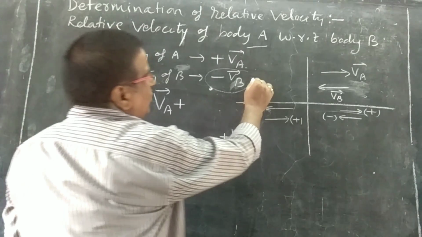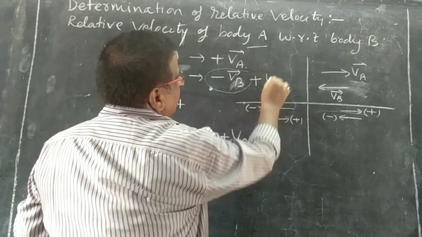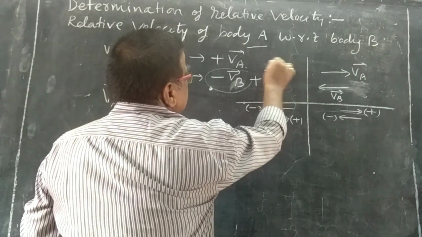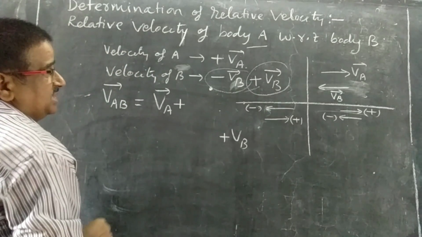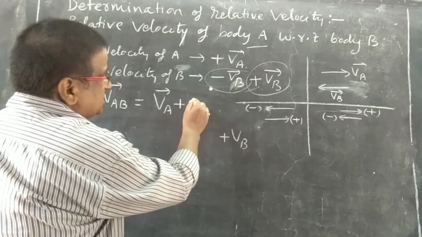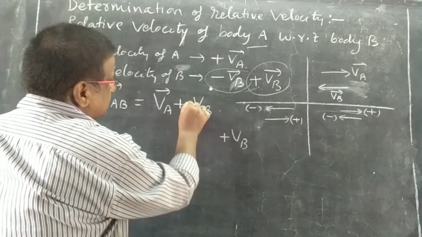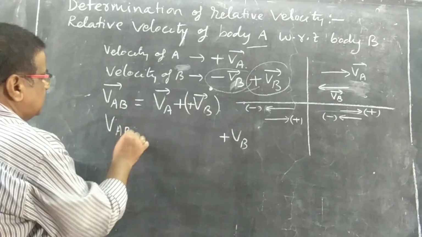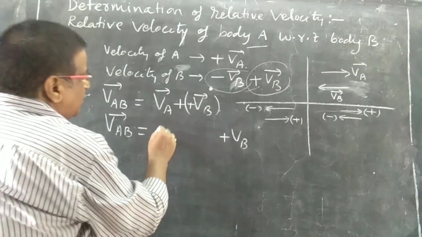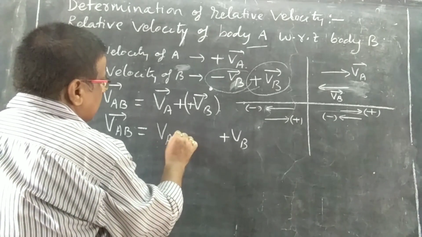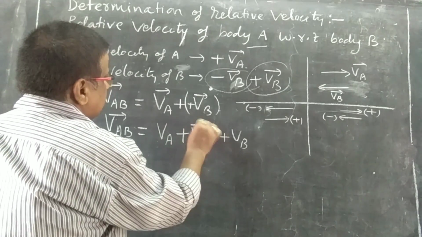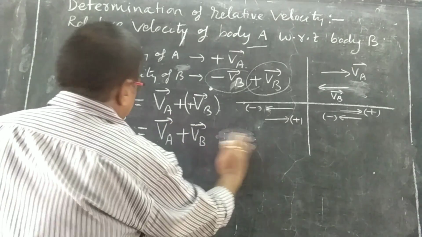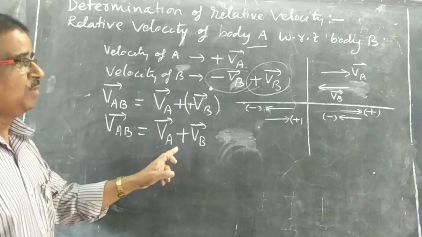And that quantity which you are adding, VB, is added at this place. So now VB plus VB is added here. So VAB, when the bodies are moving opposite to each other, will be VA plus VB. This is the relative velocity of A with respect to B.